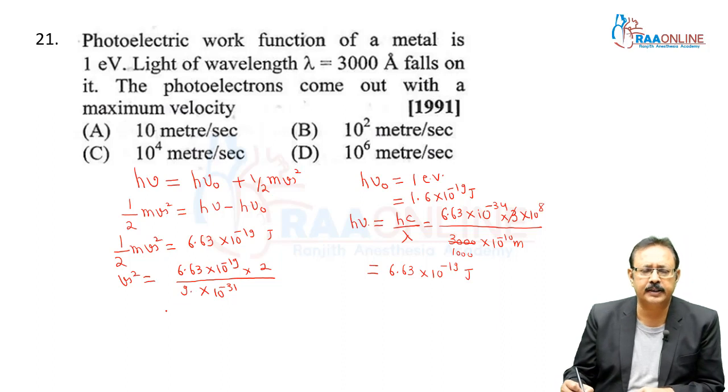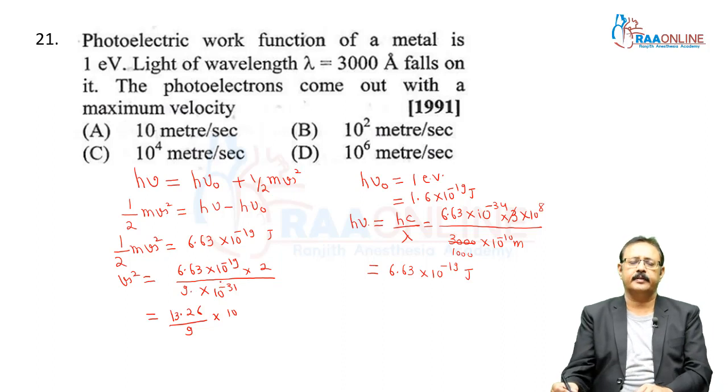So 6.63 into 2 is 13.26, divided by 9 into 10 to the power minus 31, which becomes plus 31, and minus 19, it is 12.